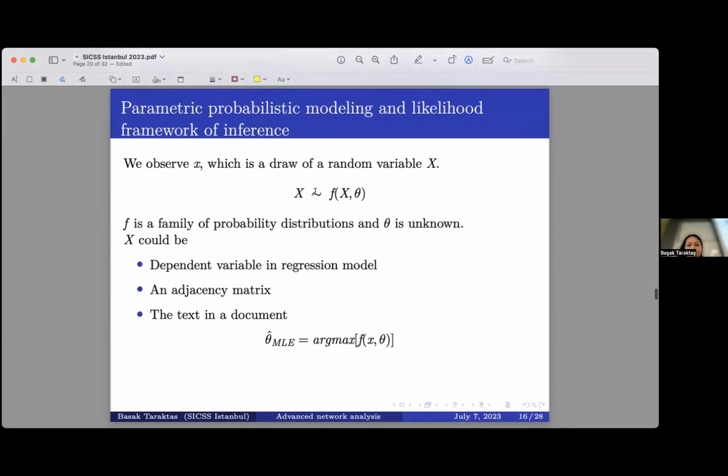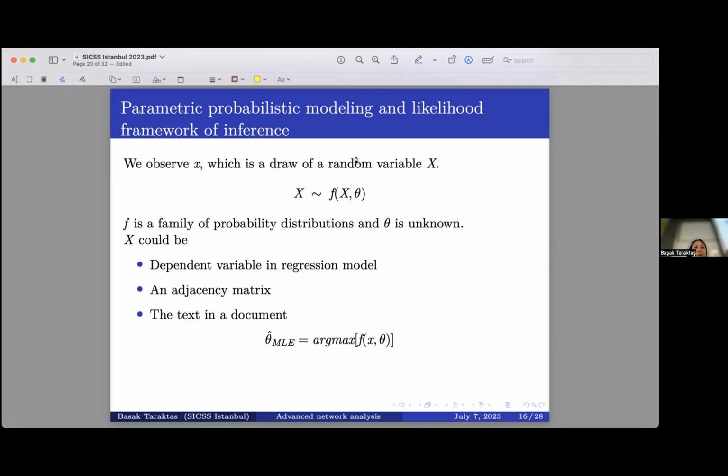So these are parametric probabilistic models, and the idea is that we observe some X, in our case a network, for example a friendship network at some US high school, which is a draw from a random variable, X. If we are modeling a high school friendship network in the US, then this large family of random variables would be high school friendships, right?